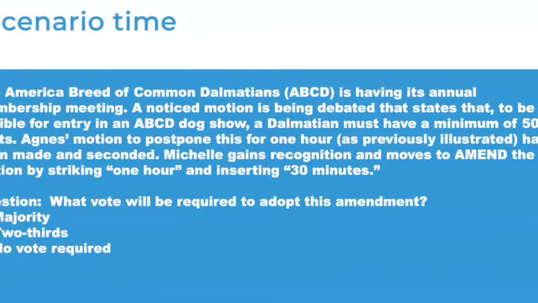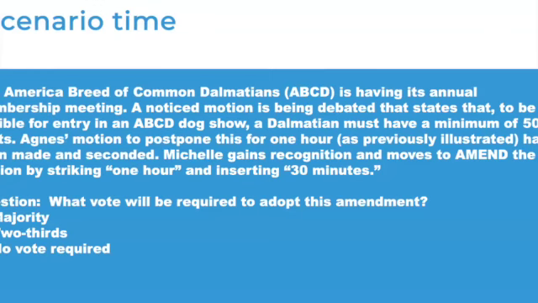Another question for you. The American Breed of Common Dalmatians, ABCD, is having its annual membership meeting. A noticed motion is being debated that states that to be eligible for entry in an ABCD dog show, a Dalmatian must have a minimum of 50 spots. Agnes' motion to postpone this for 1 hour, as previously illustrated, has been made and seconded.